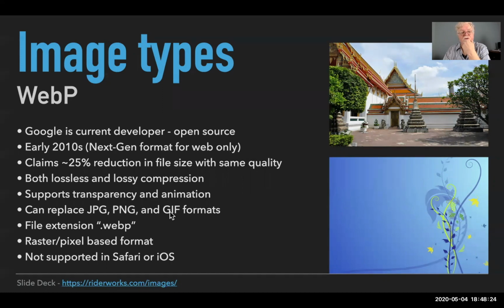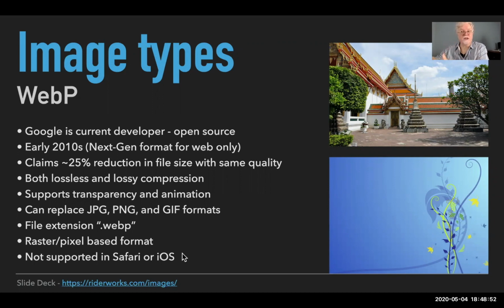It's a pixel-based format. The big problem is Safari and iOS, or Apple, doesn't support it. So what do you do? All the compression plugins that I know of do this: ShortPixel does this, Imagify does this, and I think the other one, EWWW, and even Smush does this if you're using their compression tools. If you upload a JPEG, they can also create WebP images from the JPEG.